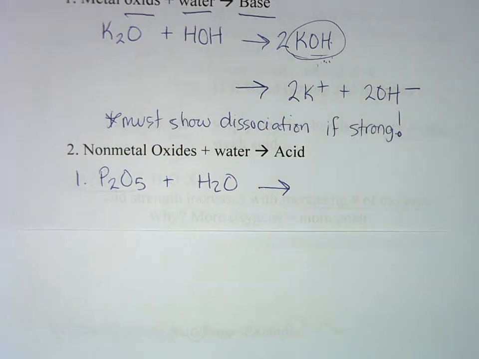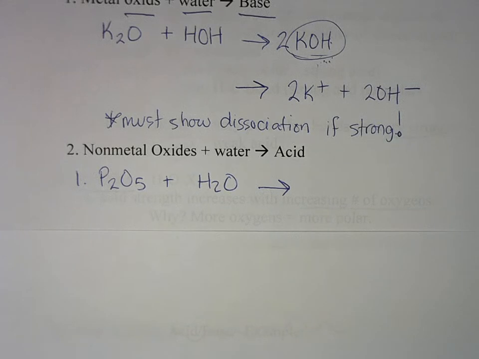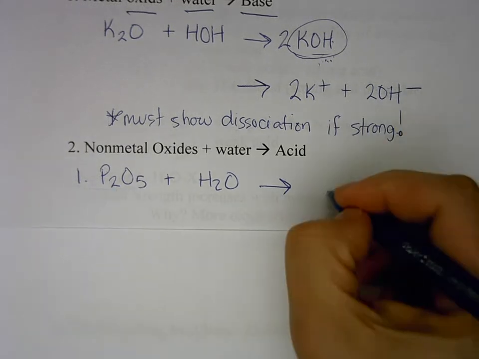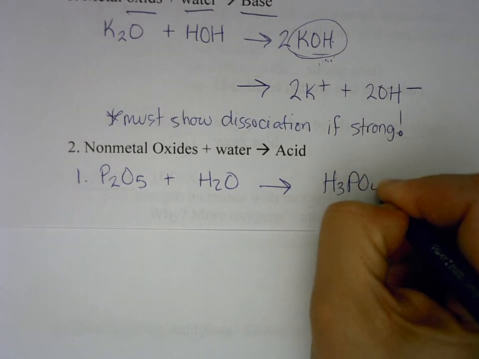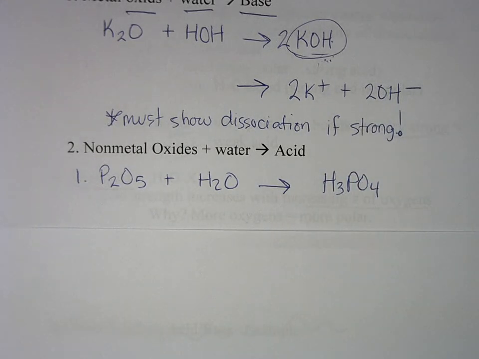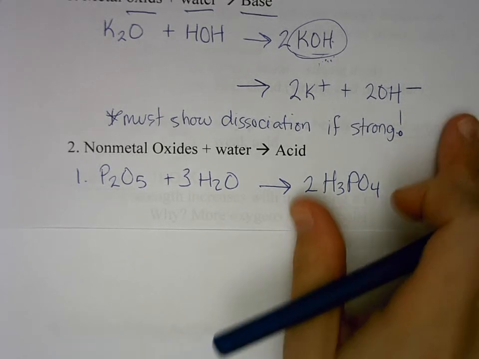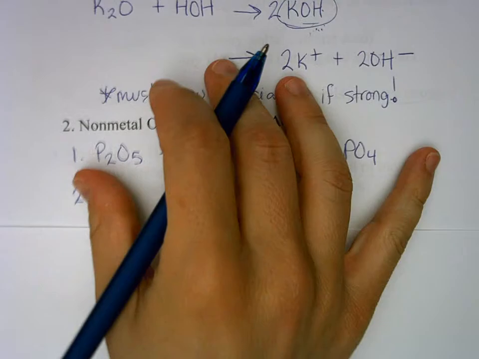If you just remember that a nonmetal oxide plus water gives you an acid, then you're going to put your product as an acid, and the only one that has phosphorus and oxygen is H3PO4. Okay, phosphoric acid, so then you can balance it. Now, phosphoric acid, is that strong or is that weak? It's weak. If it's weak, you leave it together, okay? If it's strong is where you show the dissociation.